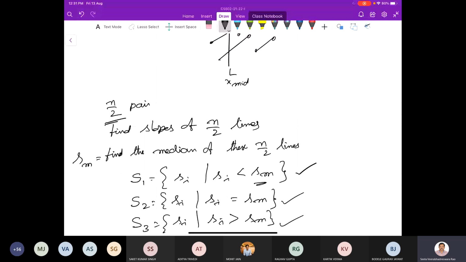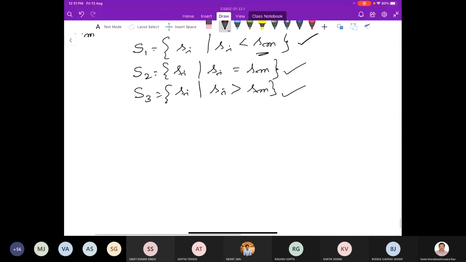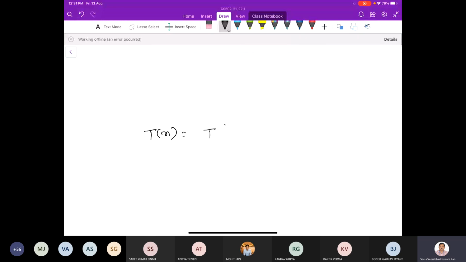Everything looks uncertain, but in just one or two steps everything becomes clear. Why are we doing all this? If you want a linear time algorithm, as I told you yesterday, we need a recurrence like this. You want to remove a fraction of the input, say 1/4, in linear time.